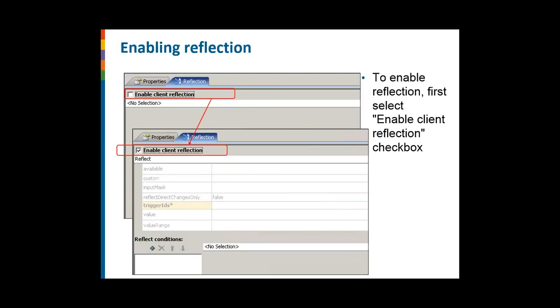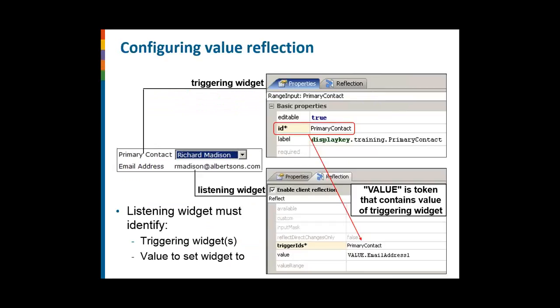So what are the triggering IDs you have to pass here. To enable, first you have to check the checkbox, enable client reflection, and there you will find triggering IDs and what is the operation you have to do. To get the IDs, you should identify what the triggering widget is first and what is the ID of that.